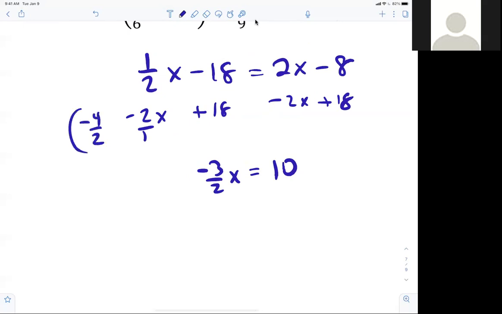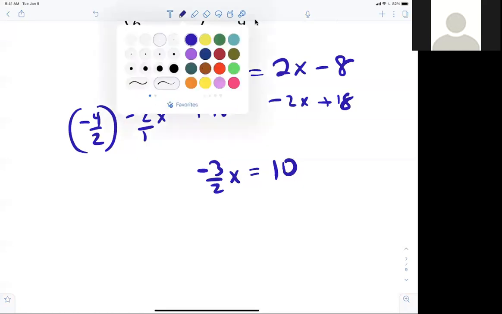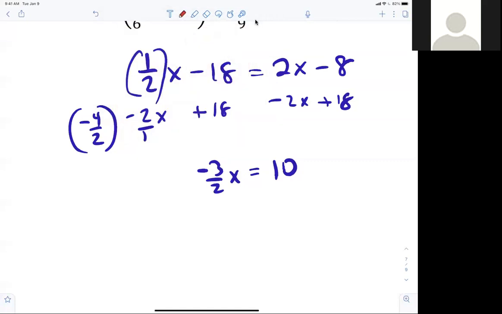All right, I want everybody to make sure you're seeing that. 1/2 minus 4 halves is -3/2. Okay, thank you. Now what? Then I just did 10 divided by -3/2. But that's the same as what? 1.5. 10 times what?